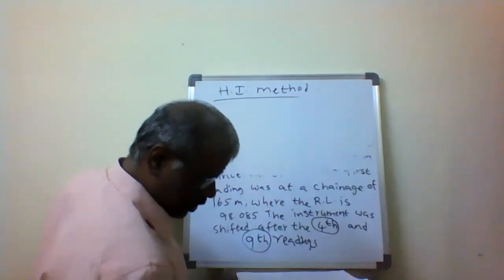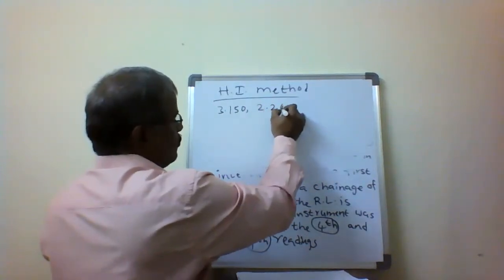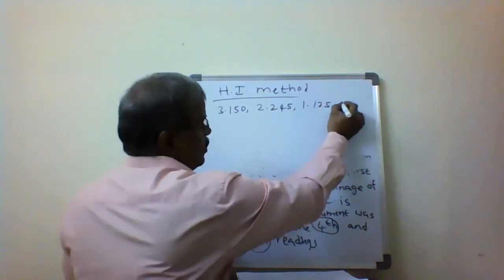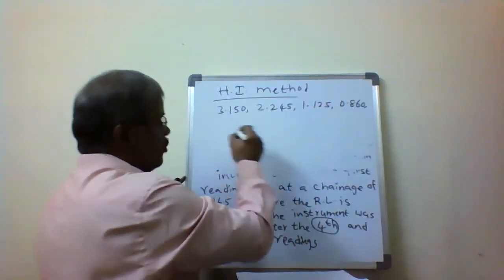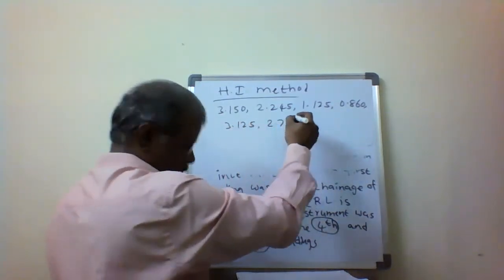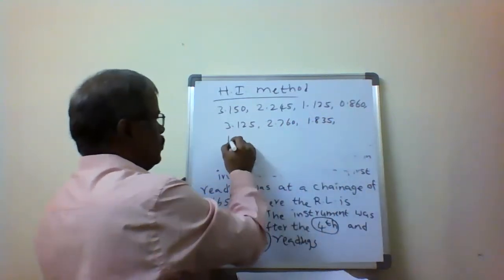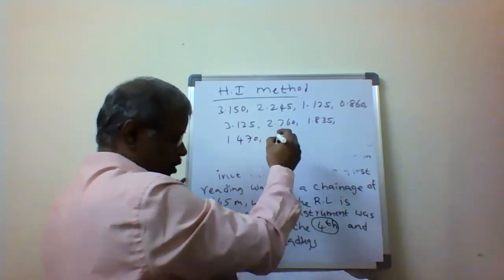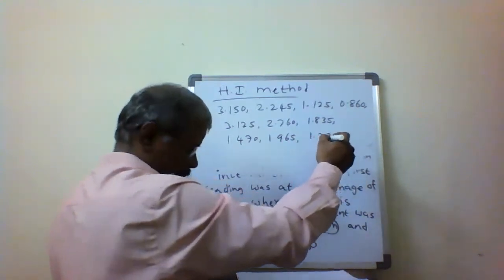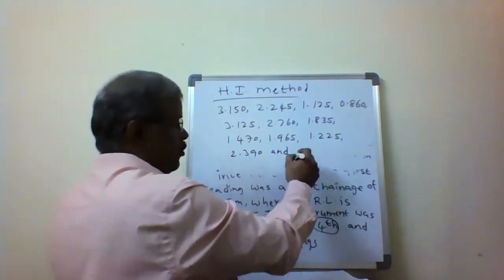The readings are given as 3.150, 2.245, 1.125, 0.860, 3.125, 2.760, 1.835, 1.470, 1.965, 1.225, 2.390, and 3.035.